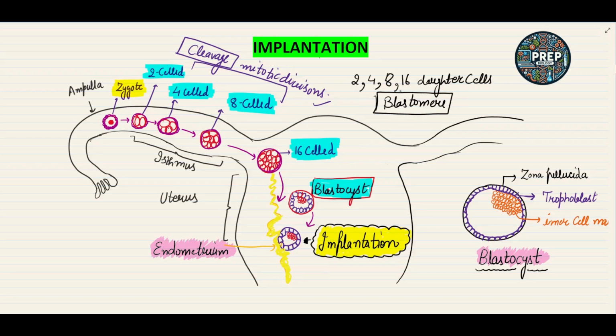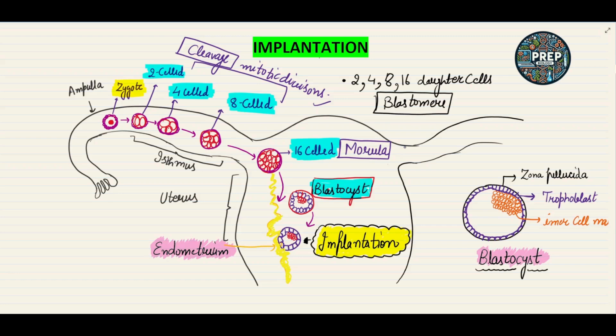Now, one more important term: this is the 8 cell stage, and this is the 16 cell stage. The 8 to 16 celled stage structure is called the morula.